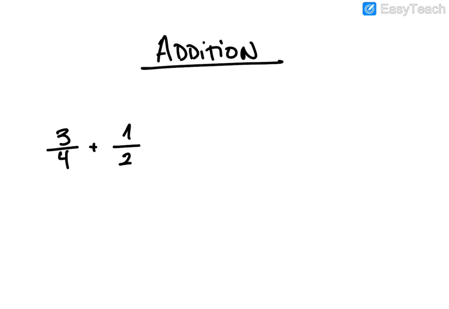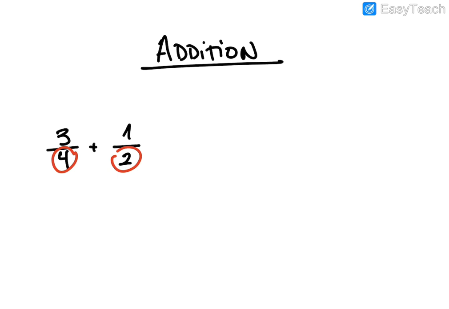How can we add these two fractions? It is going to be quite simple. The first thing, we are going to focus on these two numbers, the ones on the bottom of the fraction. We are going to guess which is the least common multiple.